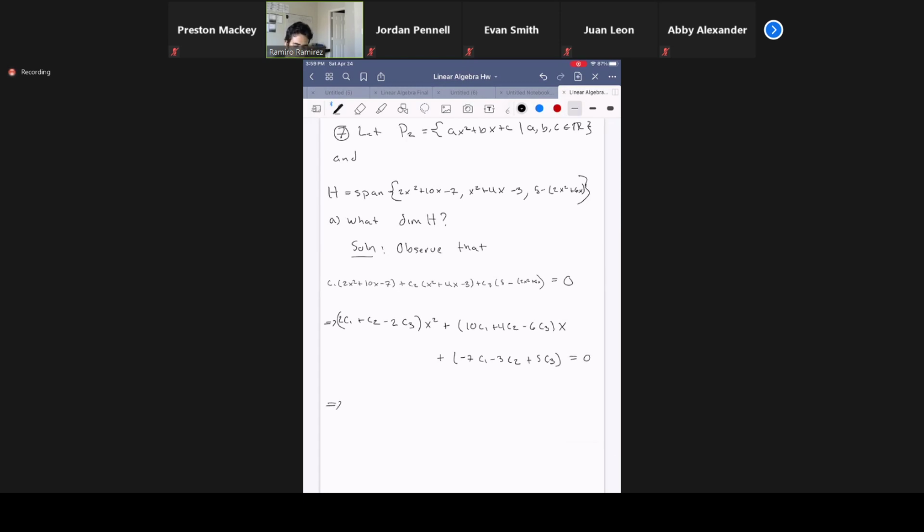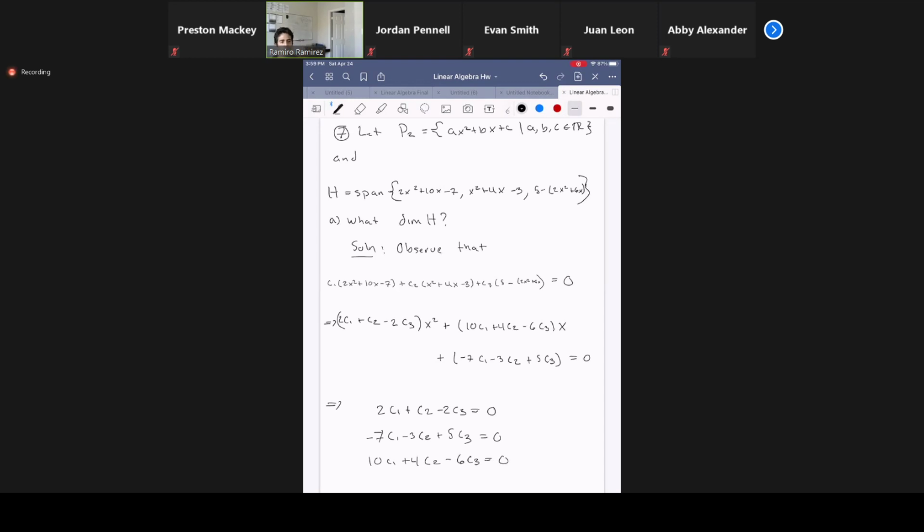So from here you just get the equations 2C1 plus C2 minus 2C3, minus 7C1 minus 3C2 plus 5C3. All this equals 0. That equals 0. 10C1 plus 4C2 minus 6C3 is equal to 0.